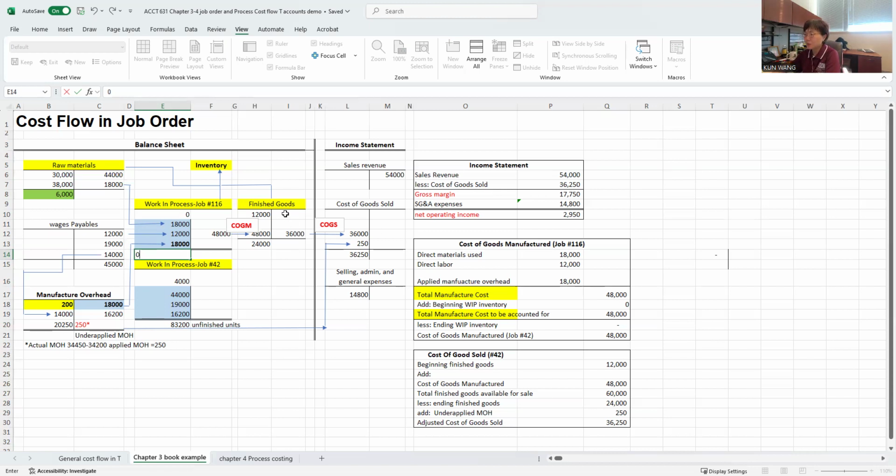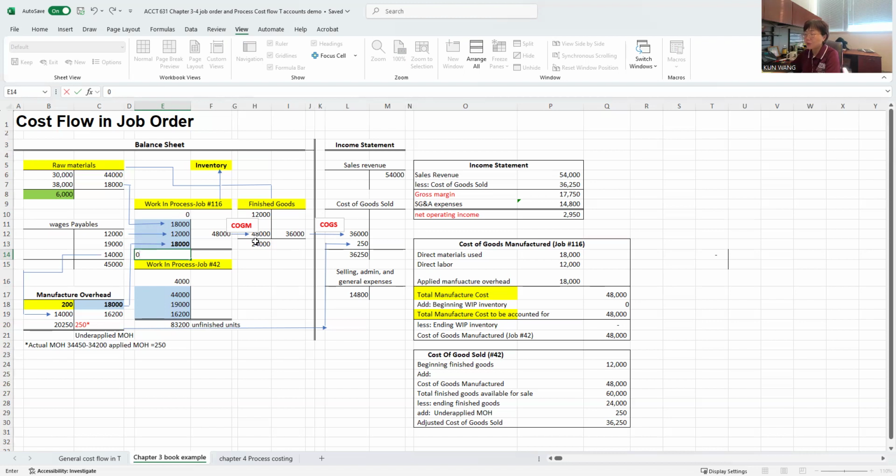Then under the finished goods, we have 12,000. That's for the 116 model. And add the finished one, right? So like 60,000 is the total finished goods available for sale. Then minus the sold units, the cost for the sold units, and this is the cost of goods sold. Then you have the ending balance for the finished goods.